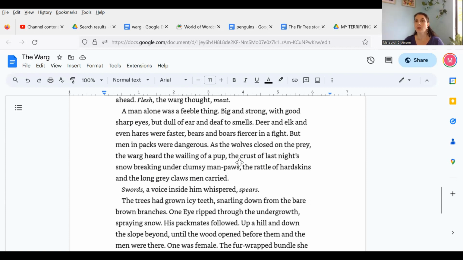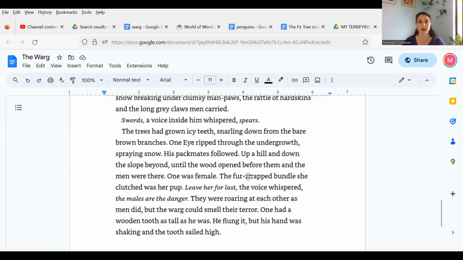But how the Warg, this wolf, understands the world is that a foot is a paw. The same kind of thing down here: the fur-wrapped bundle she held was her pup. So she's holding a fur-wrapped bundle of a baby, but to a wolf, a baby is called a pup.